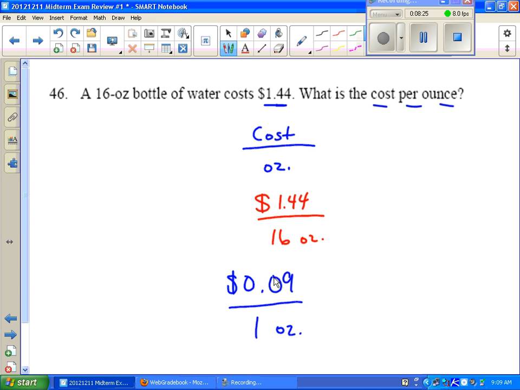Now it fits the units that we have. It doesn't change the fact that it is in fact 9 cents, but 9 cents per 1 ounce. And all you need to do again, make sure you have it set up the correct way here, where it's cost per ounce, and then put the monetary value, $1.44 in this case, over the amount of ounces, which is 16.